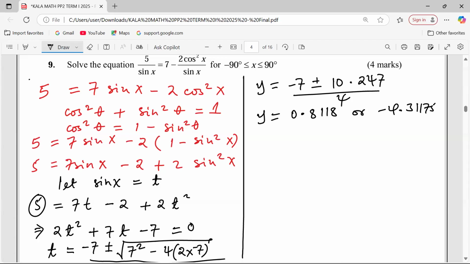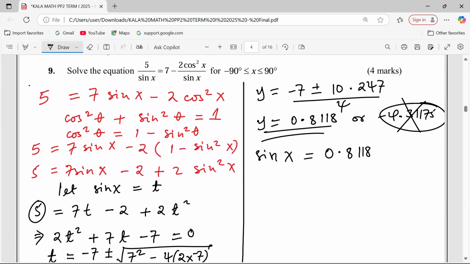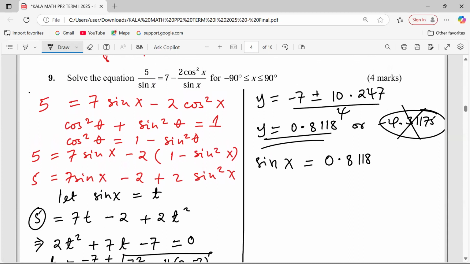So we ignore these and now say if y equals this, the sine of x equals 0.8118.